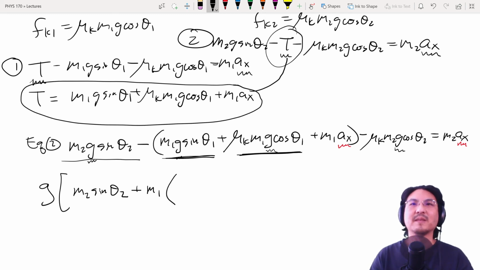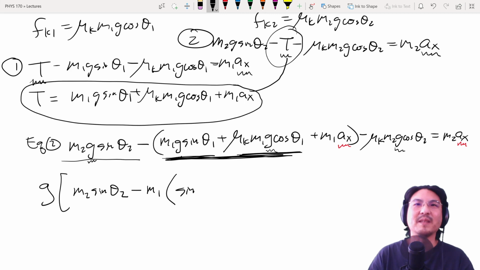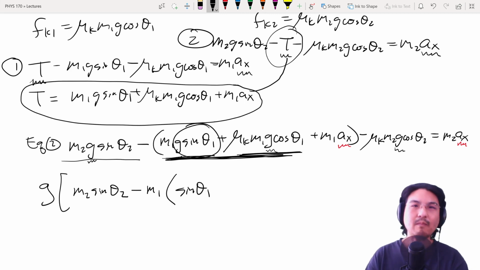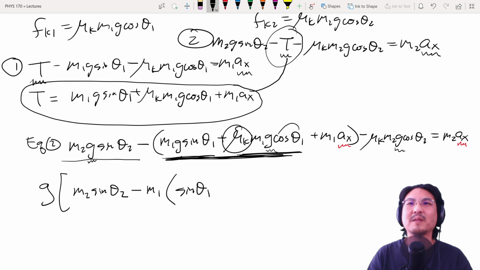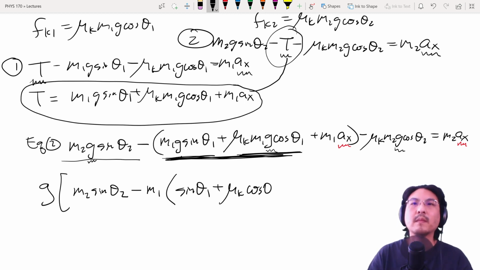Okay, and then I'm going to write this one first. They're both negative, so I'm going to factor the minus sign out. There you go, minus. So let me write both of these right now. Sine theta 1, I'm writing this one. Mu k cosine theta 1. Okay, so I wrote this, this, this.